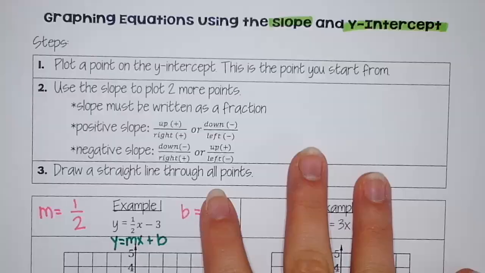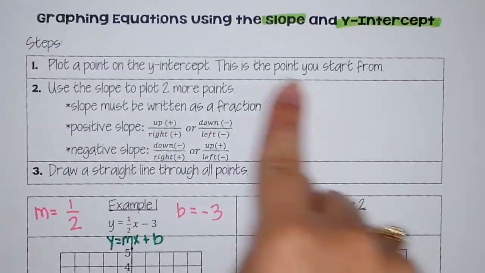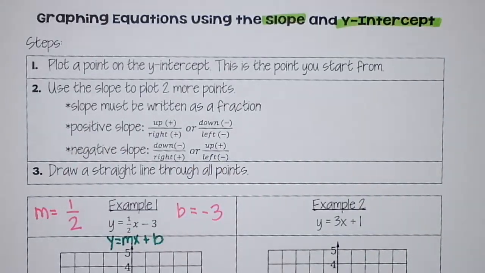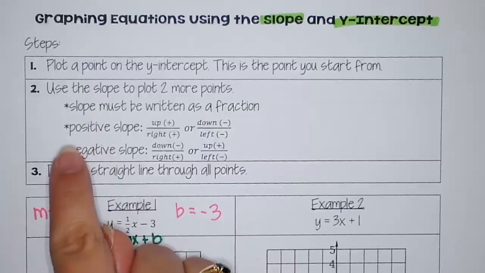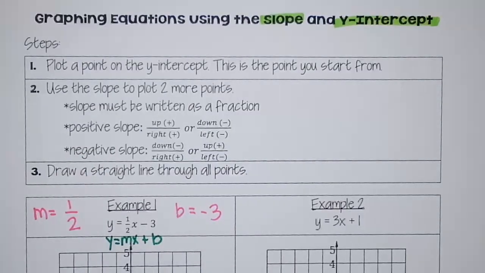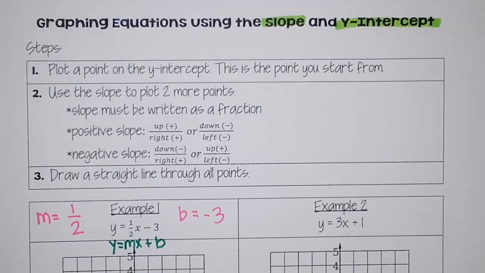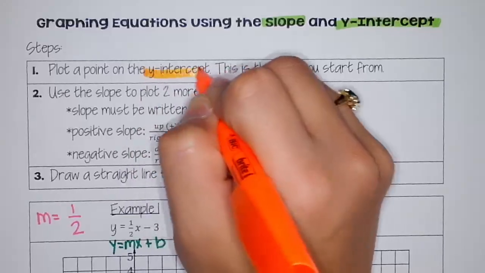Go back up to your instructions. This is why I really love this note page, because if you're a person who typically hates math because there's a lot of rules, I literally typed out the steps for you. 1, 2, and 3. So go ahead and take your highlighter, and we're going to talk about step 1. Step 1 when graphing a line by hand is to always start with the y-intercept.